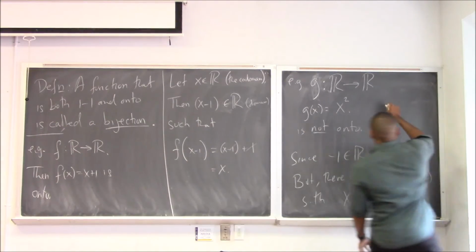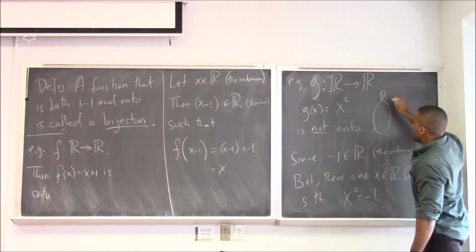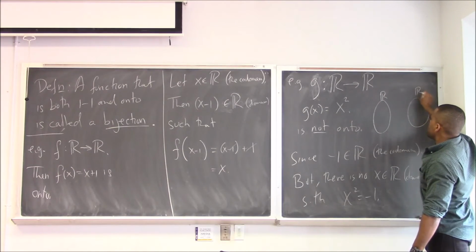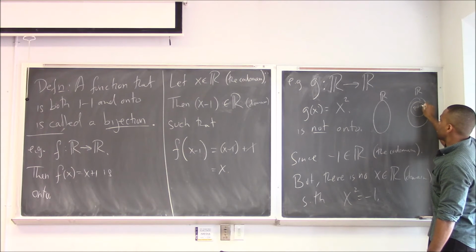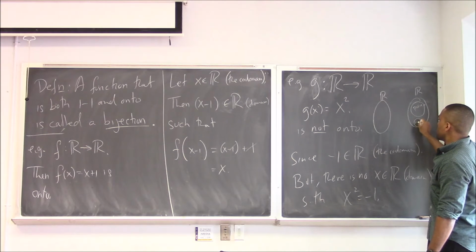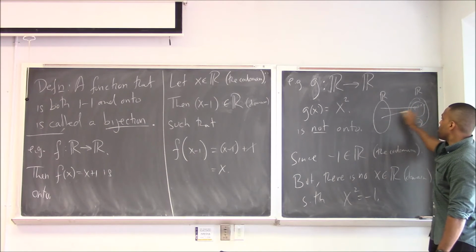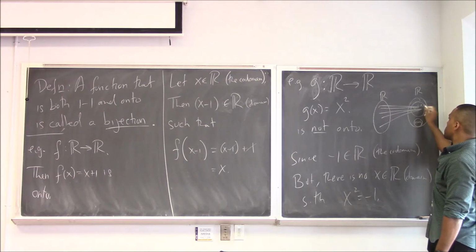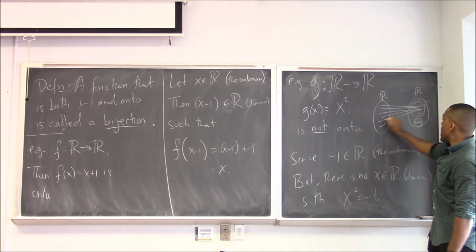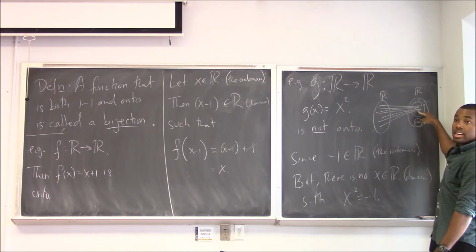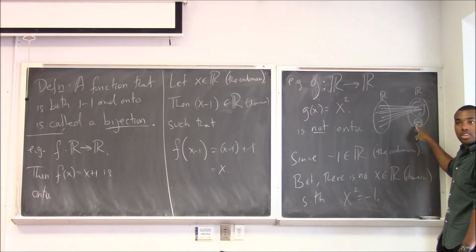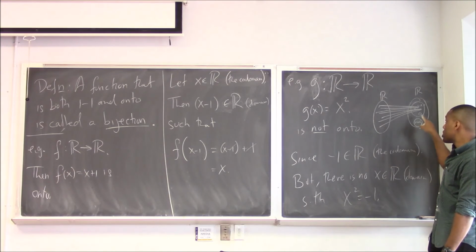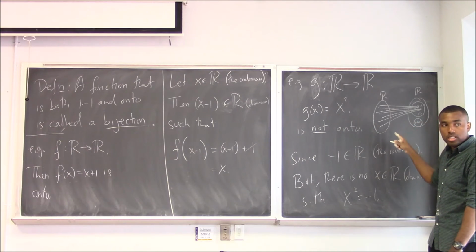So I would have the set R here and the set R here, and I have all the positives over here and all the negatives over here, but everyone in this function is going into that collection of positives and 0, no one in here is getting any love. So that function is not onto, because there are things in the codomain that are missed by this function.